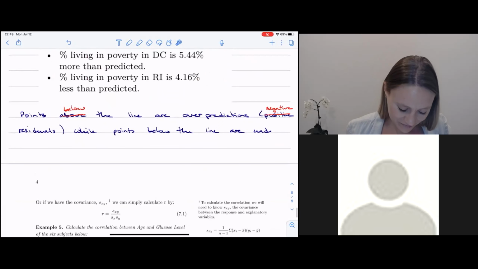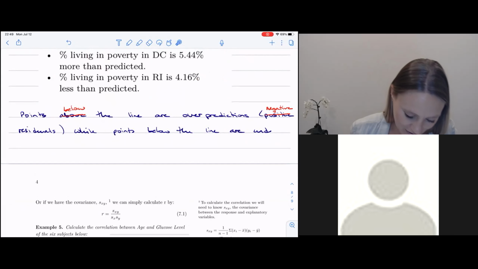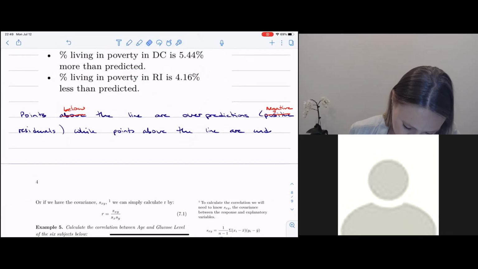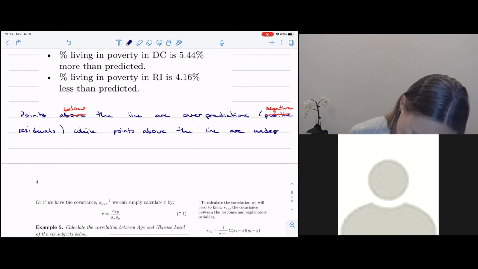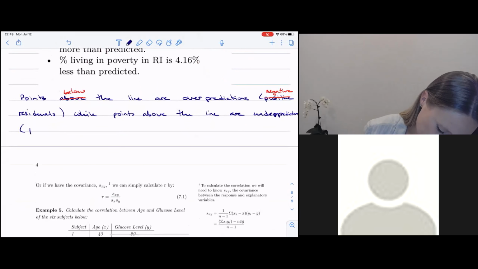I've been clear about my corrections here. So then I'm just going to cheat here. So while points above the line are under predictions, which mean we have positive residuals.